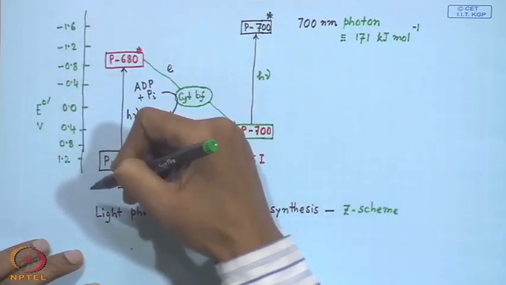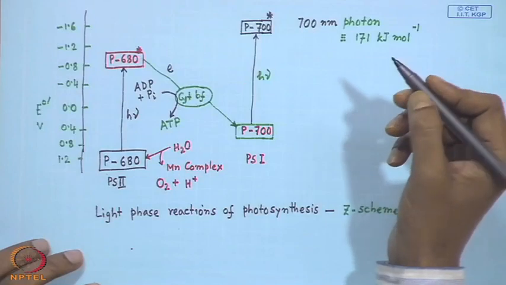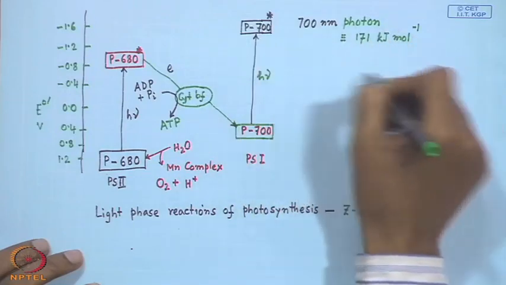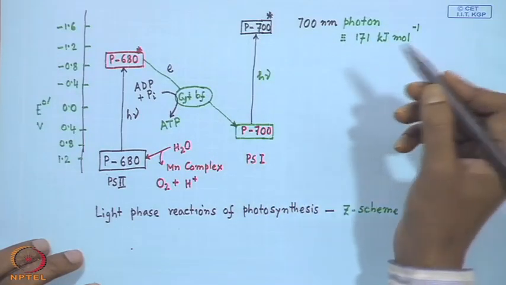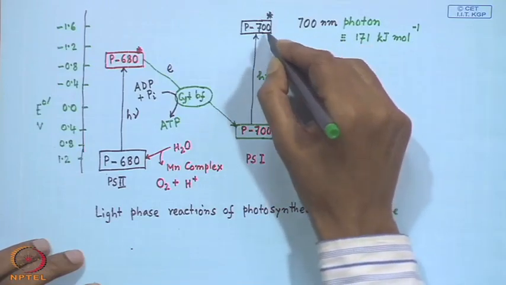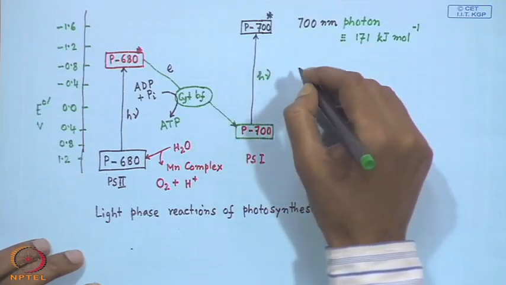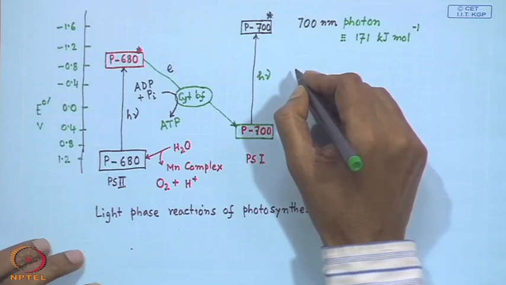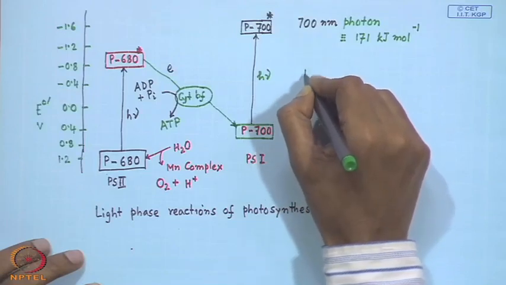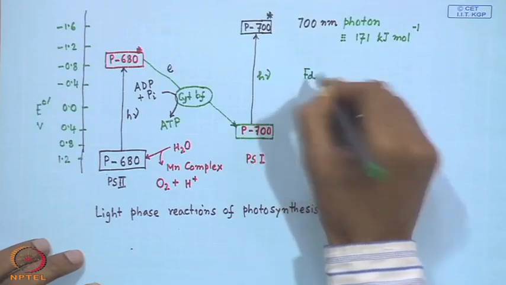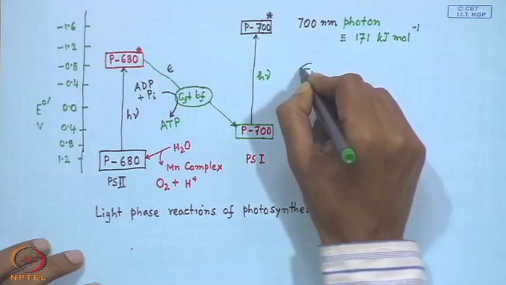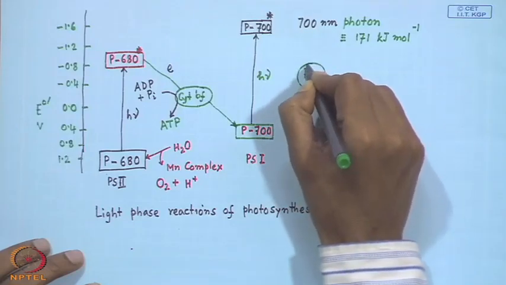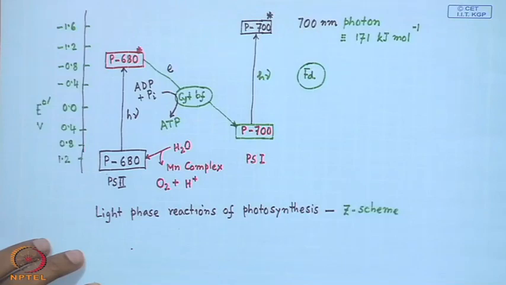So, these vary. All these potential differences can be found out if you correlate them with the corresponding energy change. When excited to P700 star, it is connected to the ferredoxin molecule, because this is now the mediator for photosystem 1.